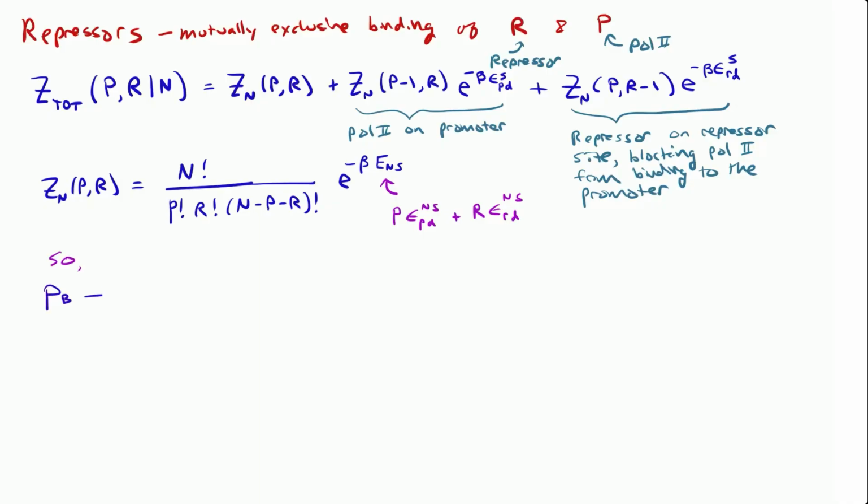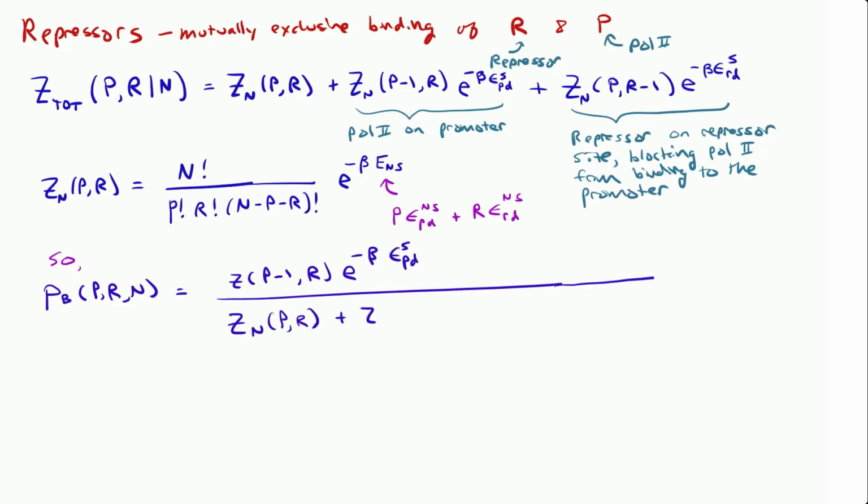Now we're in a position to write the probability of binding as the ratio of partition functions, where the numerator is the scenario where the polymerase is bound, and the denominator is the total partition function, which has all the partial partition functions added together.